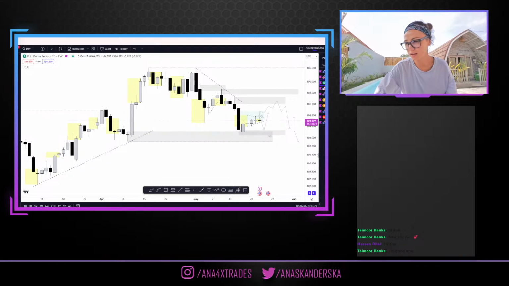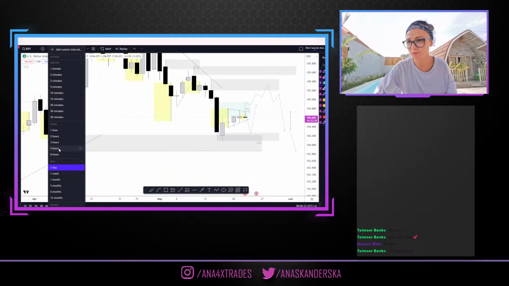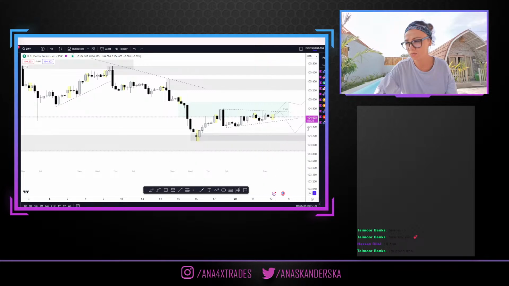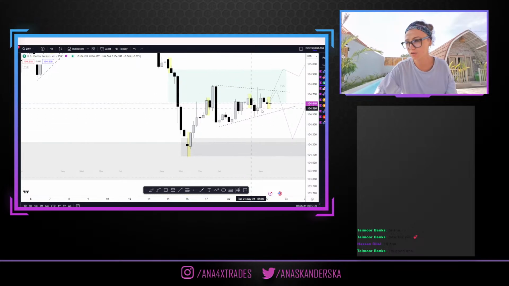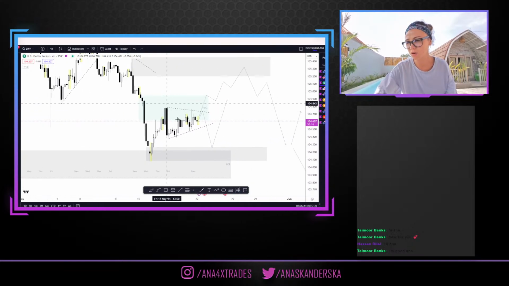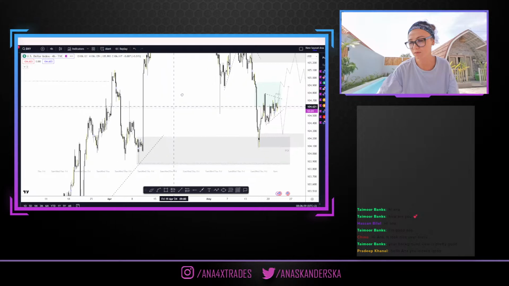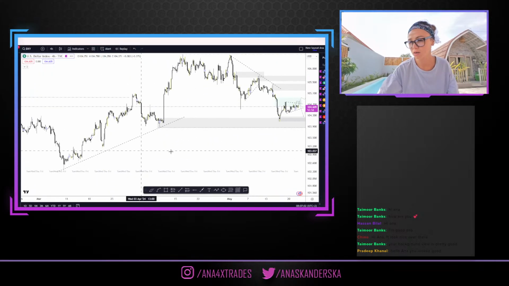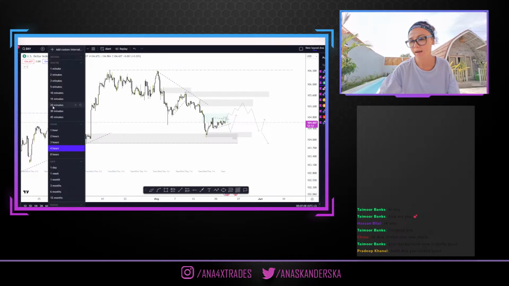I was live on Sunday and I mentioned that we have an SMT divergence between DXY and Euro, and I mentioned that I will either expect this zone here, this order block, to just push price lower, or if that doesn't happen, I will be expecting DXY to retrace, and from there we'll see if price will respect this point of interest to continue lower and target the sell side liquidity that we have here, or we're going to keep going in the direction of the higher time frame.